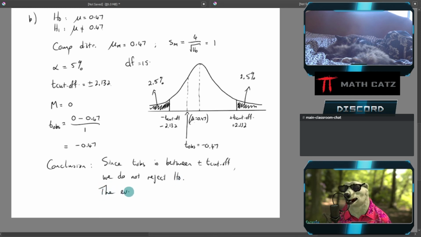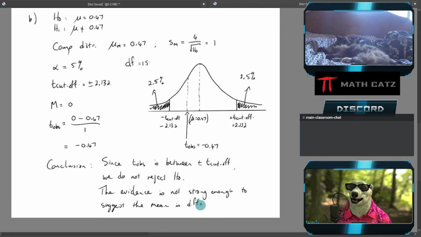The evidence is not strong enough to suggest, well, we don't know what the story is here, to suggest the mean is different from 0.47. If I knew what the story was, I could talk about the effect of a treatment or whatever, right? But we don't know. Regardless of the story or lack thereof, we have the same steps to the hypothesis testing.